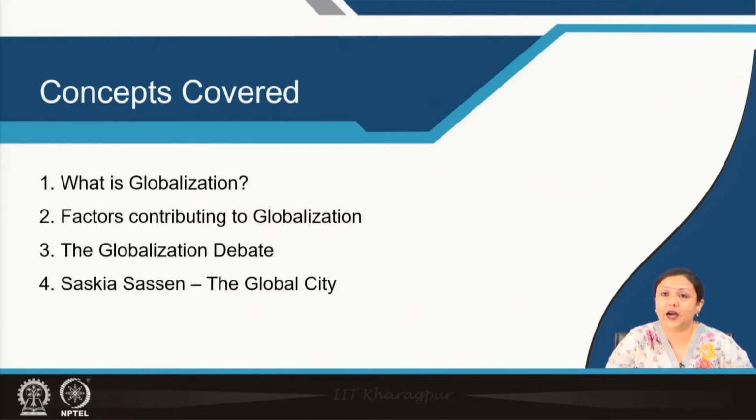After having an idea about the process and concept of globalization, we will move on to the factors that contribute to the growth of globalization in the cities. We will then briefly discuss the three dominant schools of thought which teach us very critical lessons about the holistic process of globalization, and we will also observe how each of these three schools perceives the process of globalization and its effect on our contemporary urban world.